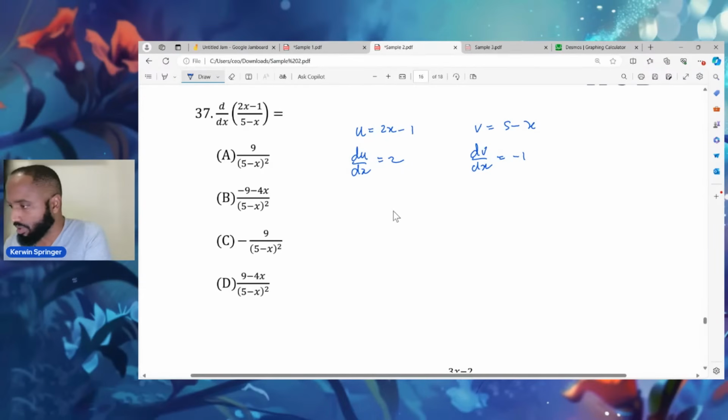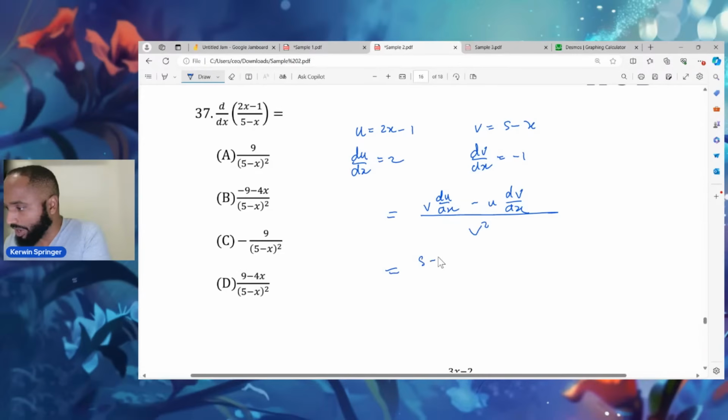So what I want to do, that's not, I'll see if there's a faster way. All right, so v squared, v du/dx minus u dv/dx. I just want to substitute and hope for the best here.